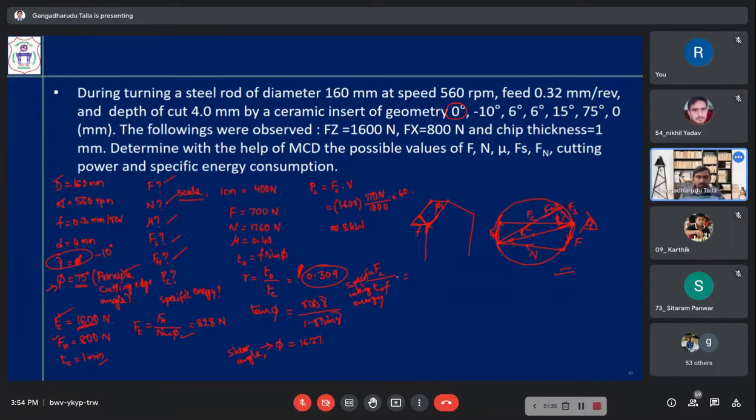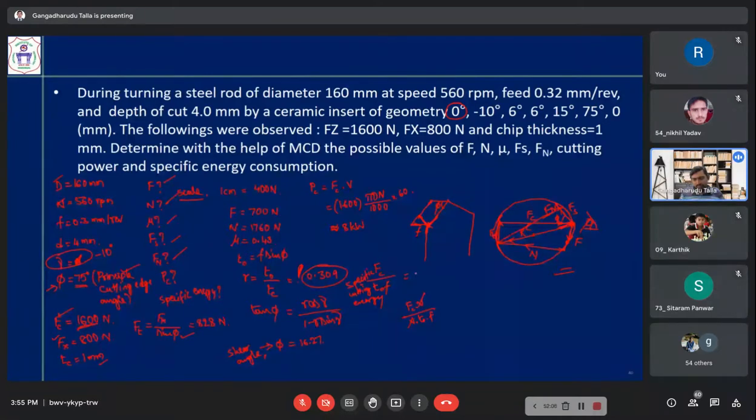I have written the final formula. Otherwise, energy required means FC into V, that is PC only, by unit volume removed, so that is V into TO into F only. So V gets cancelled, so it is FC by TO into F.